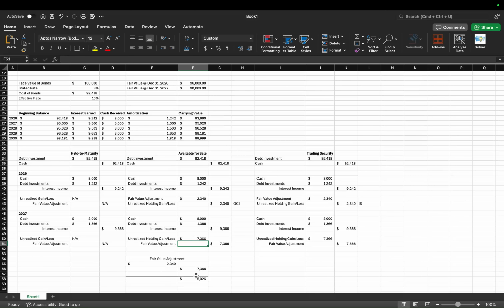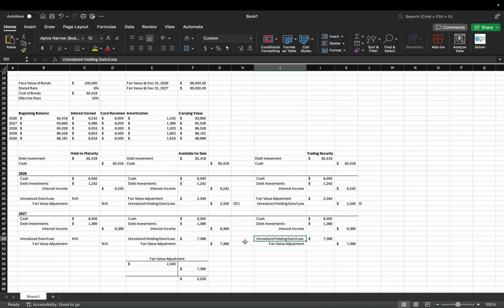Because again, we're playing catch up from the previous year's adjustment, jumping from a debit all the way to a credit of 5,026. And so then here we're decreasing the value of our debt investment, and so we're gonna have an unrealized holding, in this case loss, as a debit, and then our fair value adjustment as a credit. And this is the same across the two methods.